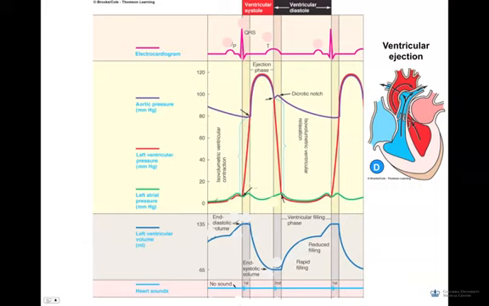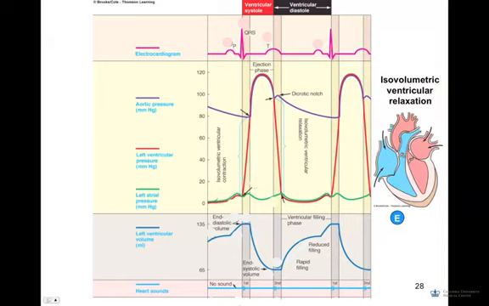Then ventricular pressure rises as the ventricular muscle is contracting. But all the valves stay closed during that isovolumetric contraction until ventricular pressure exceeds aortic pressure and the aortic valve opens. Then you get, again, this ejection phase, and ventricular volume plummets. Eventually, with the onset of the T wave, repolarization and relaxation of the ventricular muscle brings it back down.